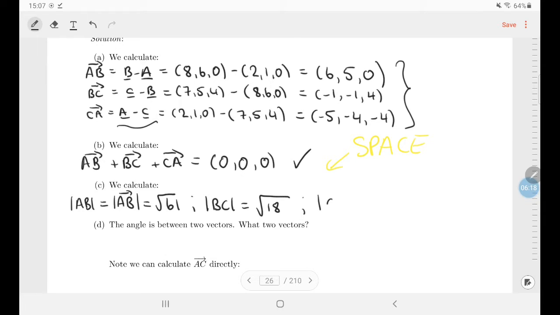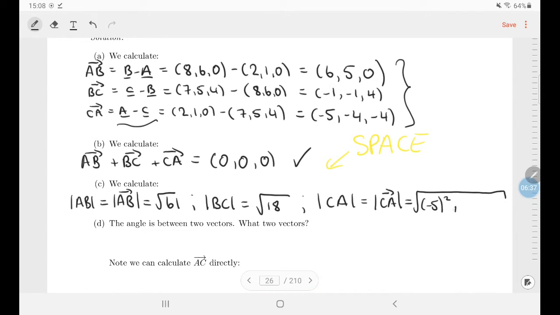And finally, the length of CA, and I have a bit of space here, so I'll use it, is the length of the vector C to A. So I do Pythagoras on C to A: square root of minus 5 squared. If you're going into the calculator and you have negatives, you need these brackets, or else you can change them to positive for the purposes of calculating length, plus minus 4 squared, because, for example, 4 squared is the same as minus 4 squared.